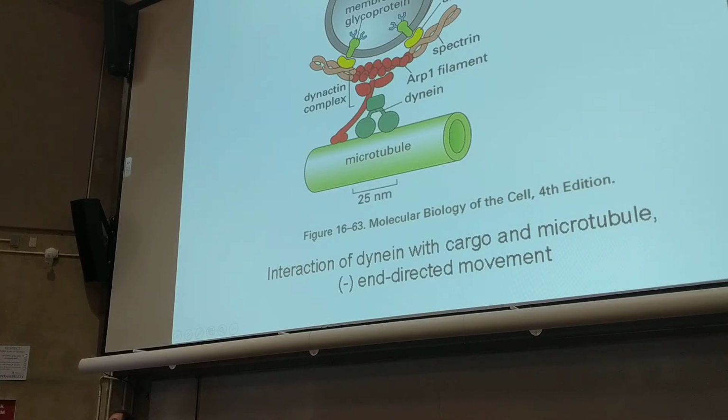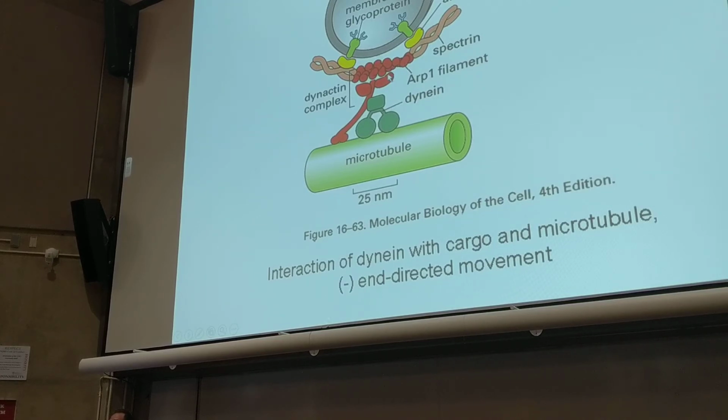Spectrin, all these are huge proteins, very, very large complexes. Ankyrin and many other proteins that anchor the vesicle and the cargo. Okay? Glycoprotein inside of the lumen. Right? Never a glycoprotein outside of the lumen. Okay? And this dynein walks along the microtubule.